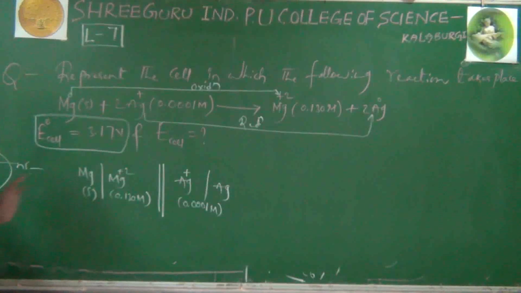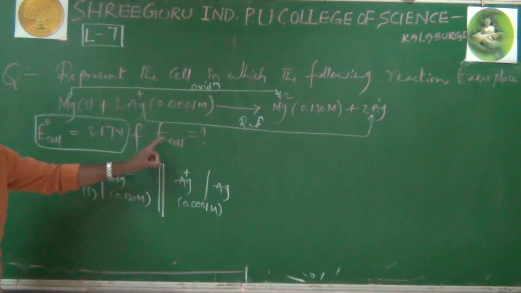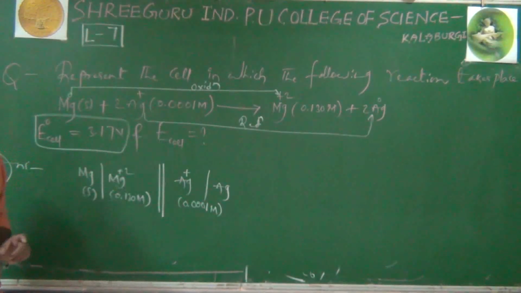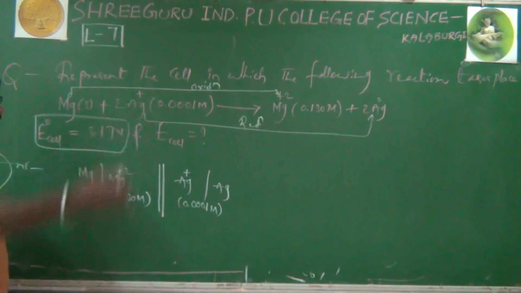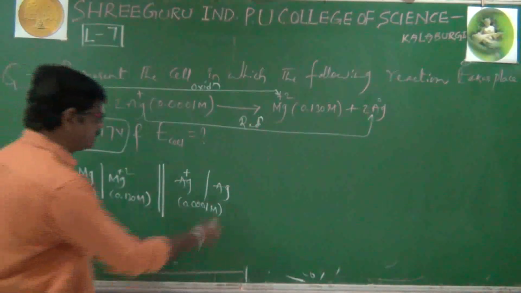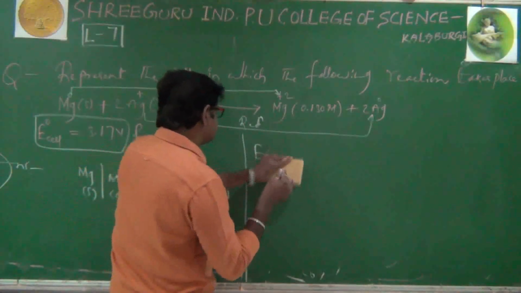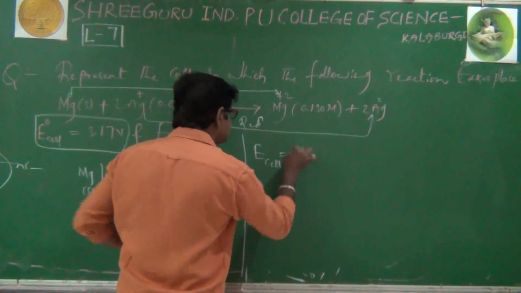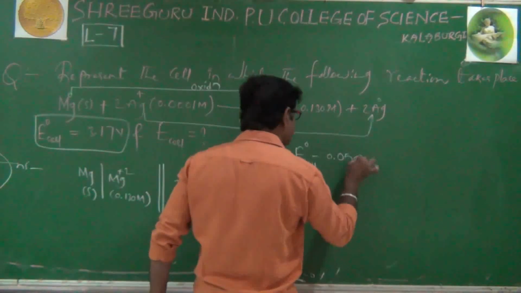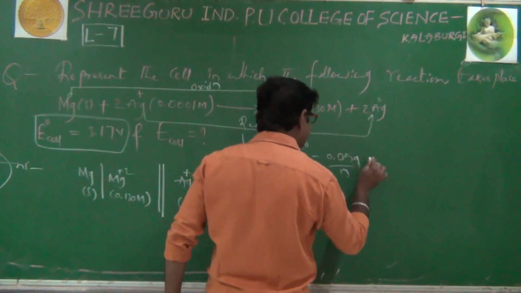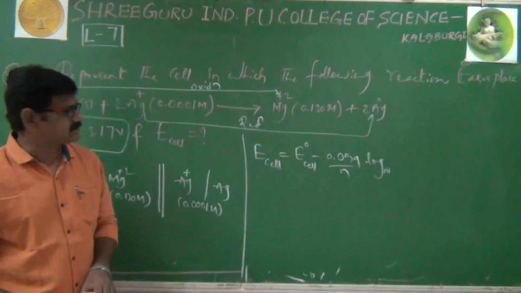That's all. Now with the help of the given data, we have to calculate the cell potential value. Right. For that purpose, again we have to write the Nernst equation for cell potential. I'll write here the Nernst equation: E cell equals E naught cell minus 0.059 divided by n log base 10 product concentration divided by reactant concentration.